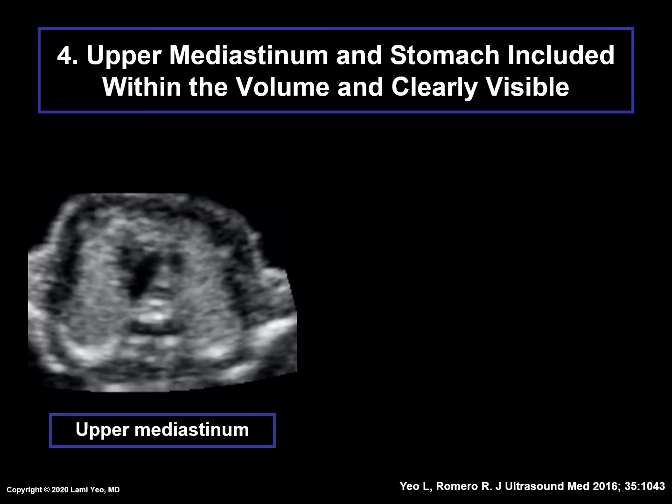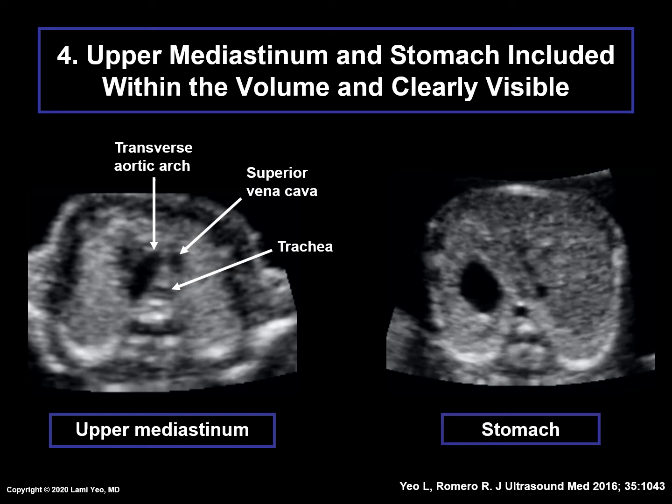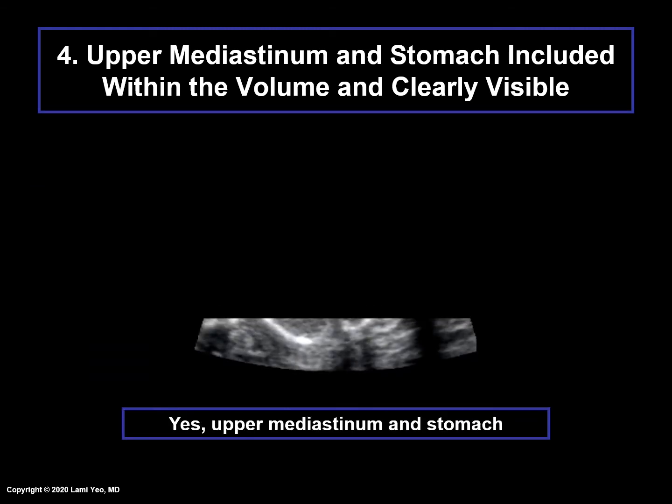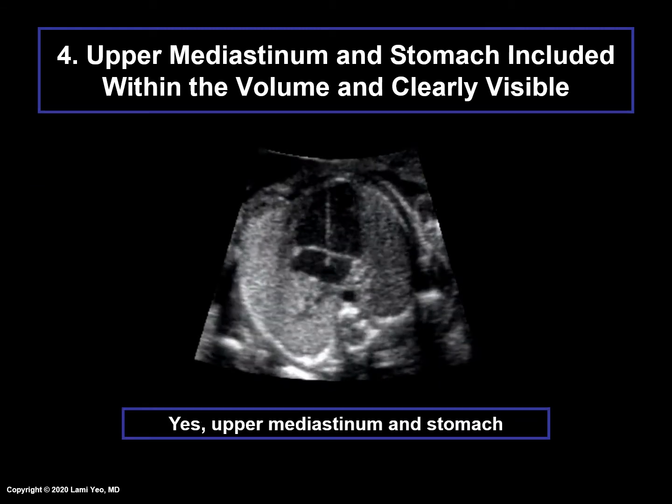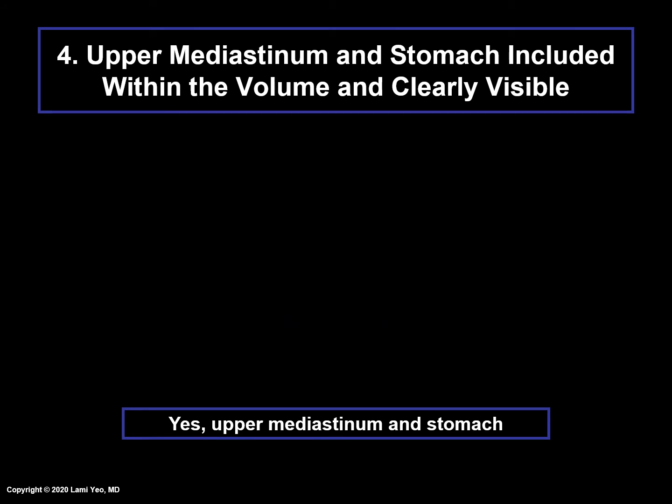The upper mediastinum is defined as the plane in which the transverse aortic arch, superior vena cava, and trachea are visualized. This STIC volume of a breech fetus contains both the upper mediastinum and stomach, and they are clearly visible.